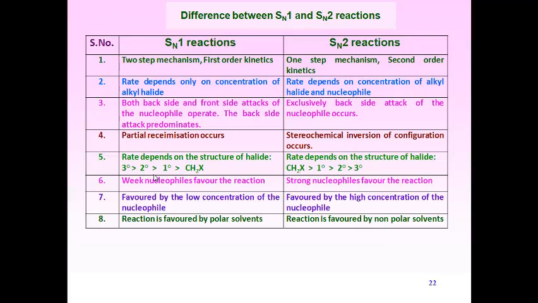The rate depends on the structure of the alkyl halide: in SN1 reactions, tertiary alkyl halides react much faster, whereas in SN2 reactions, primary alkyl halides react much faster. Weak nucleophiles favor SN1 reactions, whereas strong nucleophiles favor SN2 reactions. SN1 reaction is favored by a low concentration of the nucleophile. SN2 reaction is favored by a high concentration of the nucleophile. SN1 reaction is favored by polar solvent. SN2 reaction is favored by non-polar solvents.